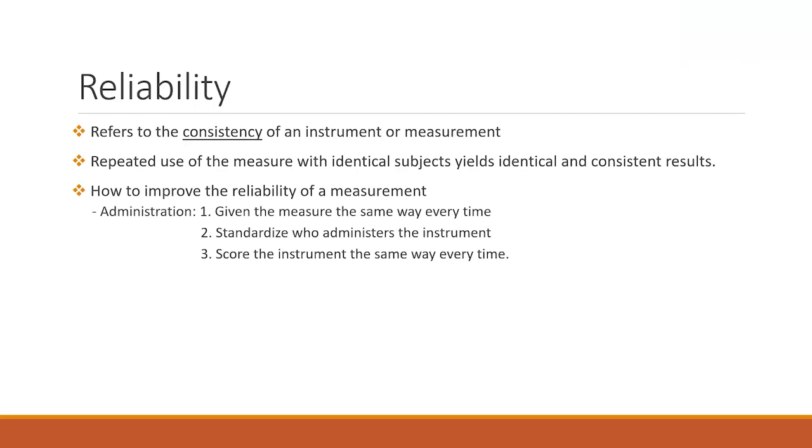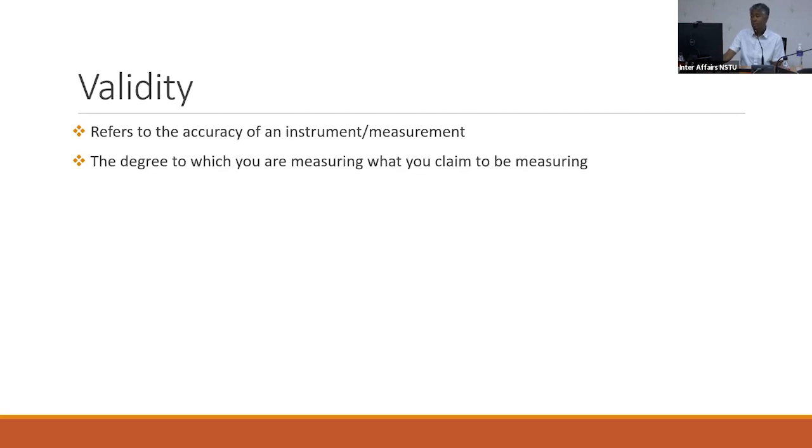All right, that's what reliability is, and that's how we improve reliability, by paying attention to the way that the instrument is measured. Validity refers to the accuracy of a measurement instrument, and that relates to the degree that you are accurately measuring the construct.